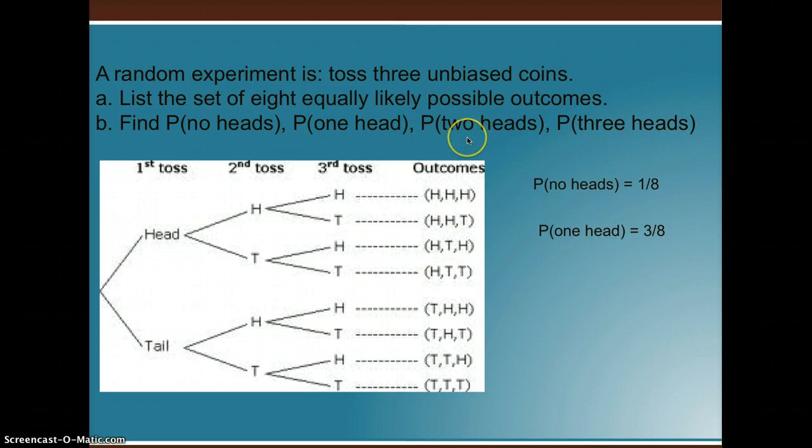Okay, for the probability of getting 2 heads, let's look at the possible outcomes. How many times will it occur wherein you will have 2 heads? You have the first one, head, head, and tail. Then the second one is head, tail, head. And then you have the third one, which is tail, head, and head.